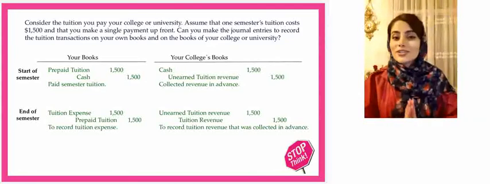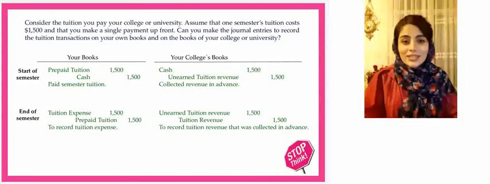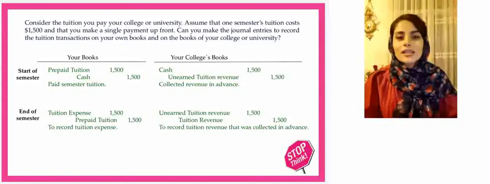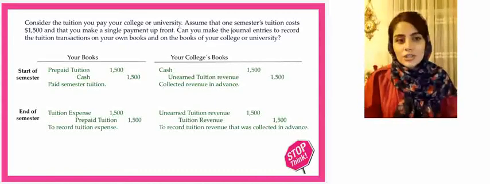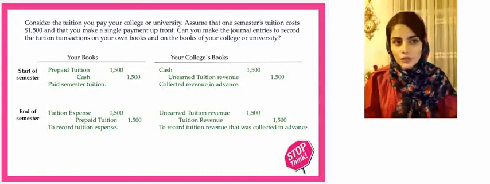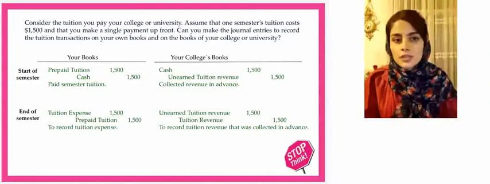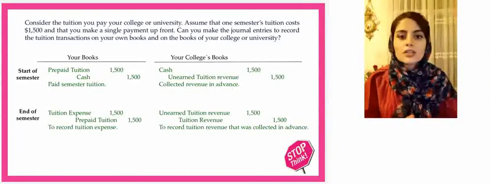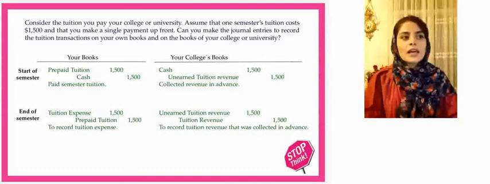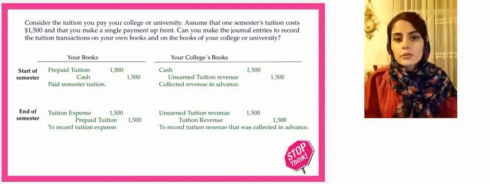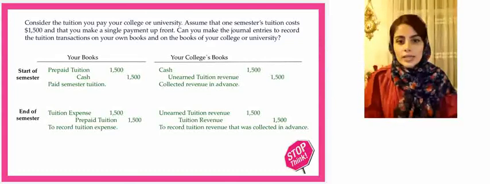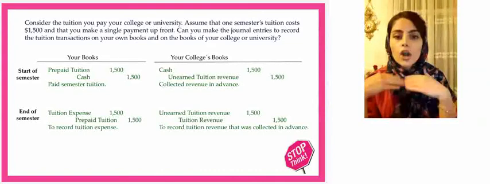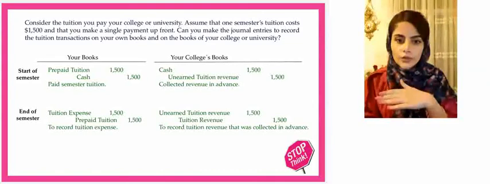Here is another example about our university and our college. Consider the tuition you pay for your college or university. One semester's tuition costs $1,500, and you make a single payment upfront. As you can see, we have entries in our books and in our colleagues' books.